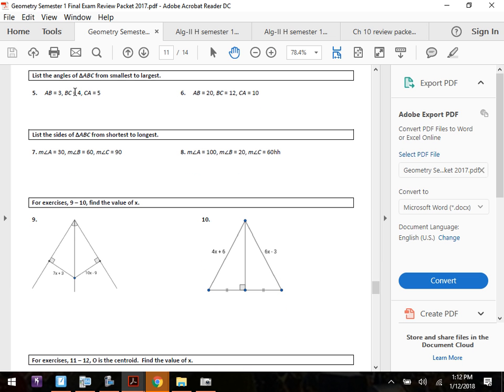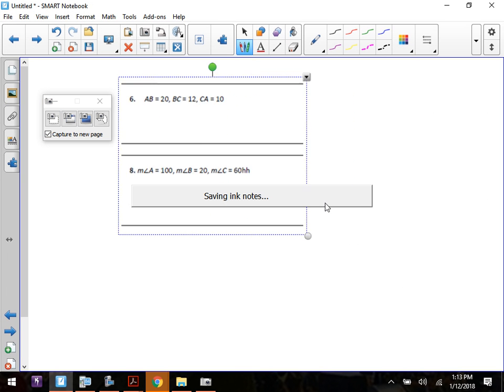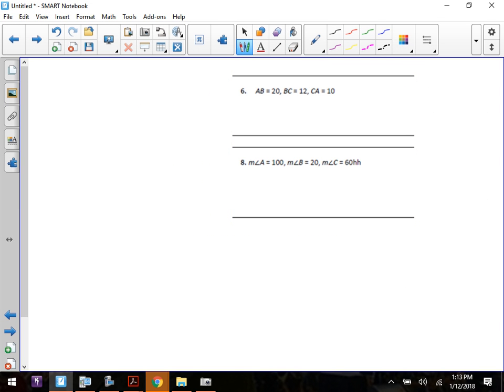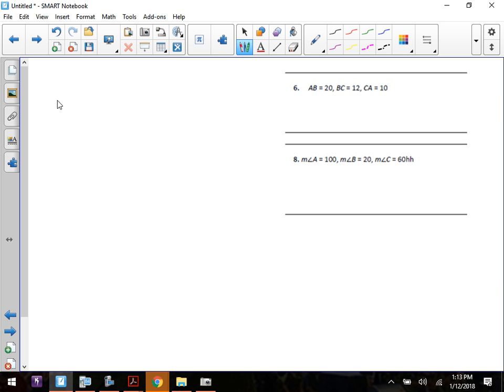How do we decipher smallest to largest via angles and sides? Draw it out. Yep, doodle it. So if I'm dealing with side lengths, I want to put them in order of smallest angles from smallest to largest.